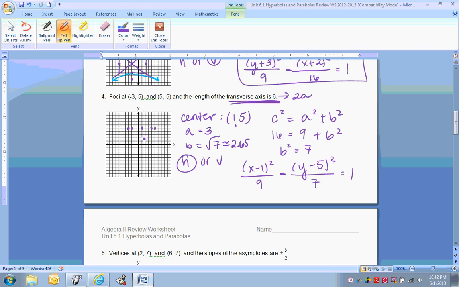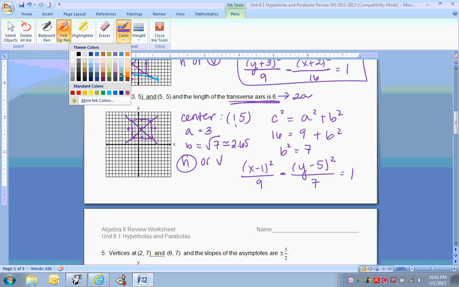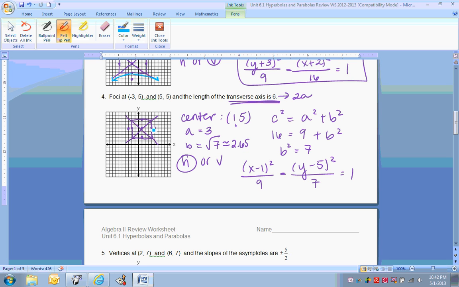So I can go up and down from my center 2.65 to get my co-vertices. And then I can draw my rectangle between those, draw my asymptotes, and then draw the hyperbola through the vertices approaching the asymptotes.